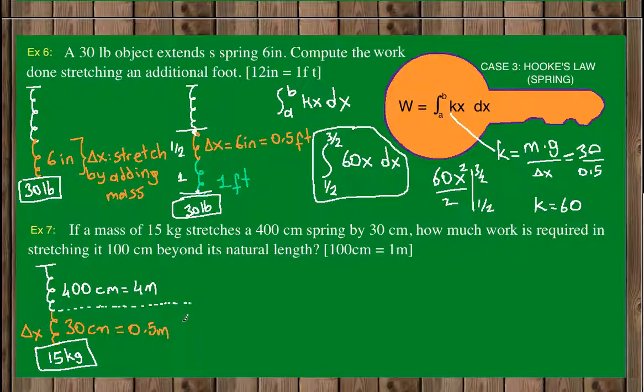And we would like to stretch from here an extra 1 meter, which is 100 centimeters. So half a meter is already extended, so we're going to extend another half a meter. So from here to here we need to extend 1 meter or 100 centimeters more.